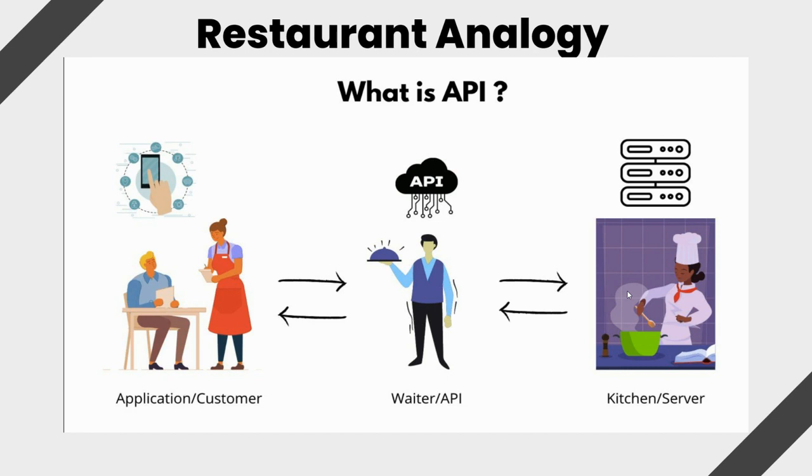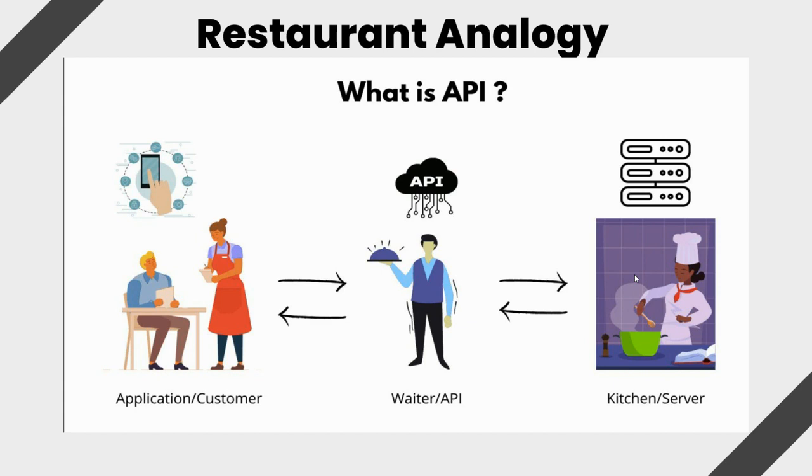So this is very briefly how an API works. The waiter here is the API. You here, you are the customer, and then the people in the kitchen cooking your food are actually like the server or the app that you actually need a service of. So that's how simple this analogy is.